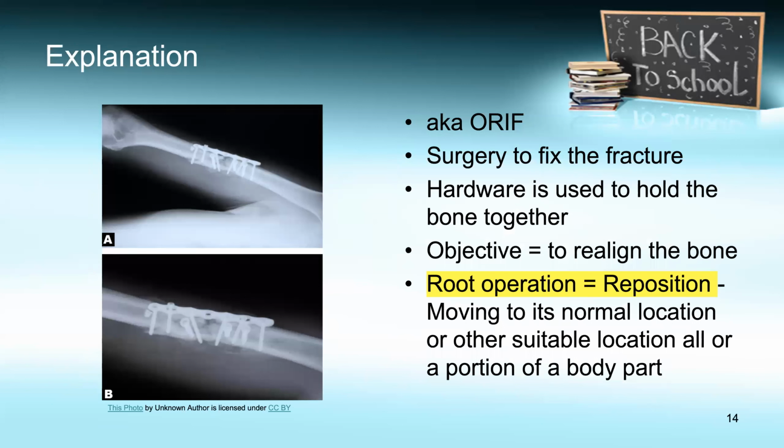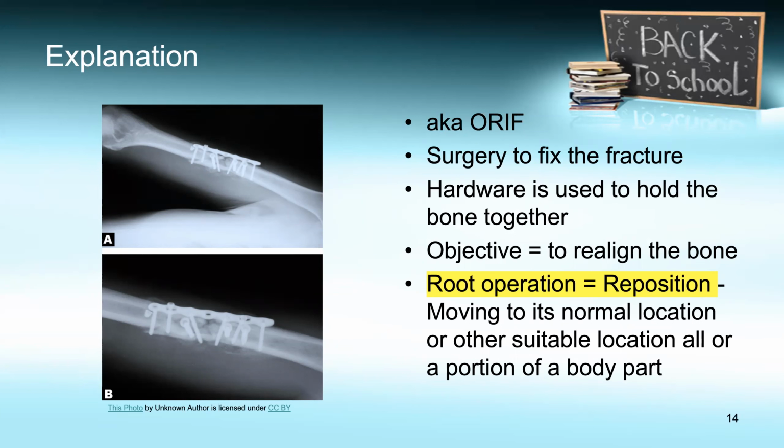So the open reduction with internal fixation, AKA ORIF, as I mentioned, is simply a surgery to fix the fracture. A few things that we get to know from that is that it is an open, so open reduction, right? So we know that it's an open procedure.